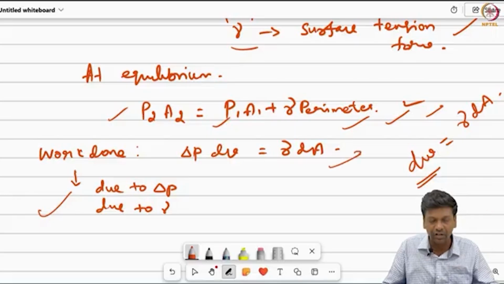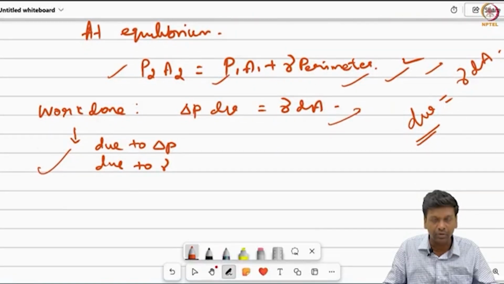If this is going to be our governing equation, then how can we get a relationship between pressure and gamma in a more compact form, right? This is a differential equation, but we need to obtain a general equation in a more compact form.